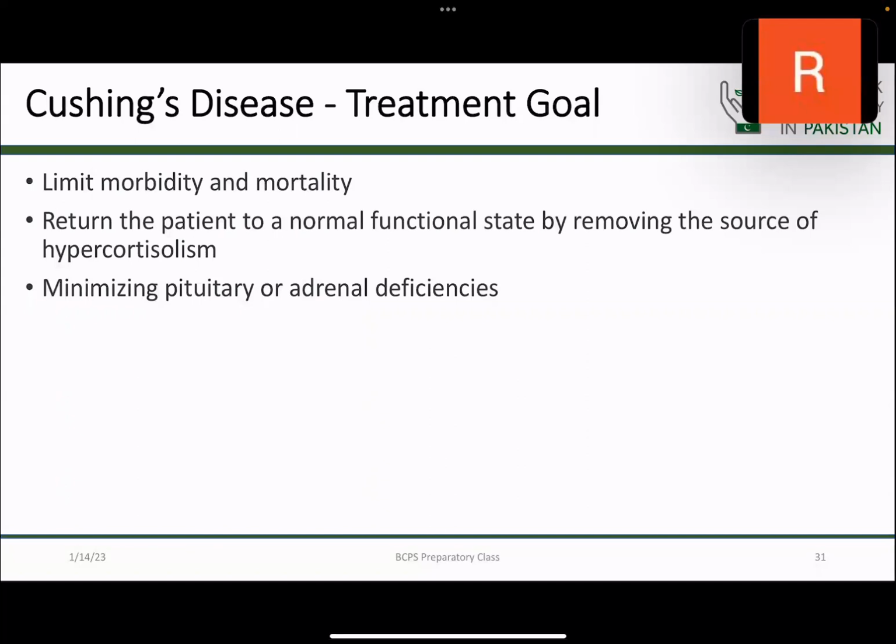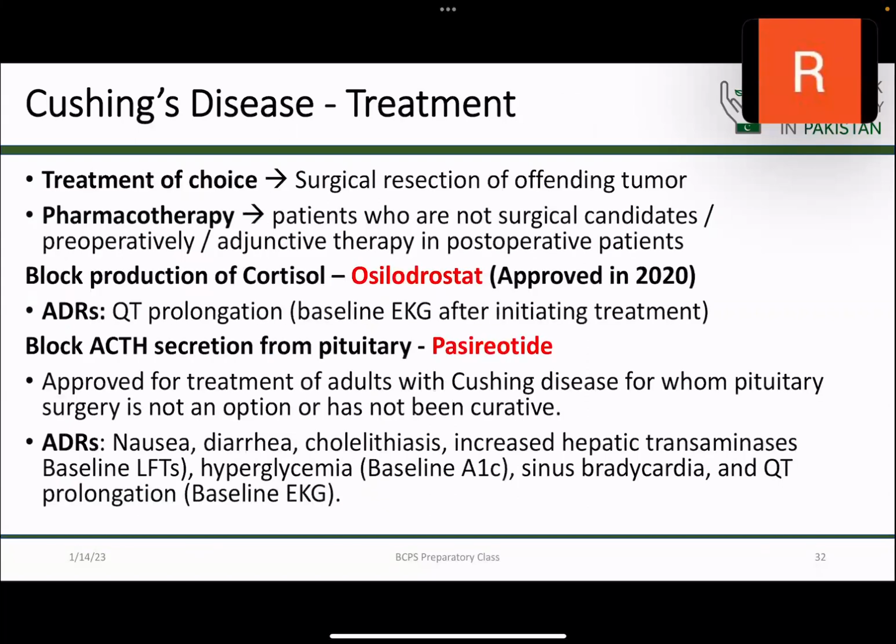And we want to minimize pituitary or adrenal deficiencies as well. So in Cushing disease, the treatment of choice is surgical resection of the offending tumor. So whatever the offender is, because of the offender, the secretion of adrenocorticotropic hormones is increasing. So we have to treat the source. We have to surgically remove the offending tumor.